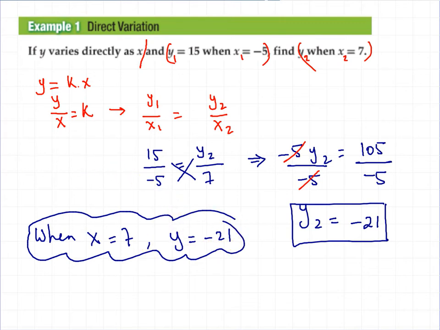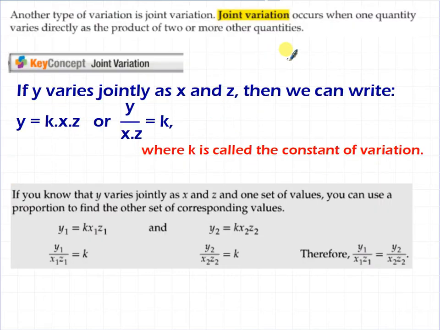All right, let's continue with joint variation. Another type of variation is joint variation. Joint variation occurs when one quantity varies directly as the product of two or more other quantities. Okay, so we could have y varying jointly with x and z, or with x, z, and t. All right, so two or more quantities, it doesn't matter.